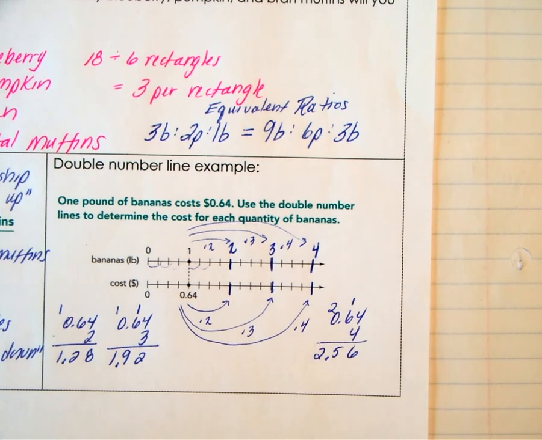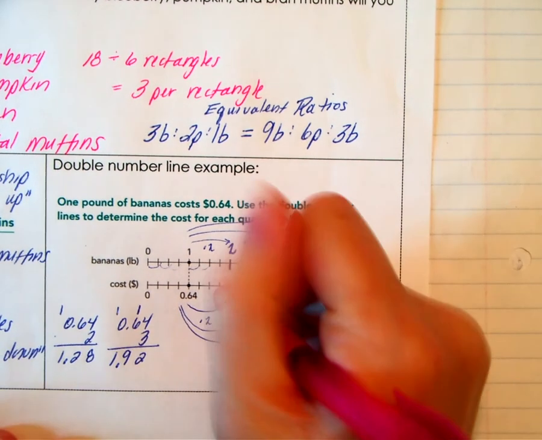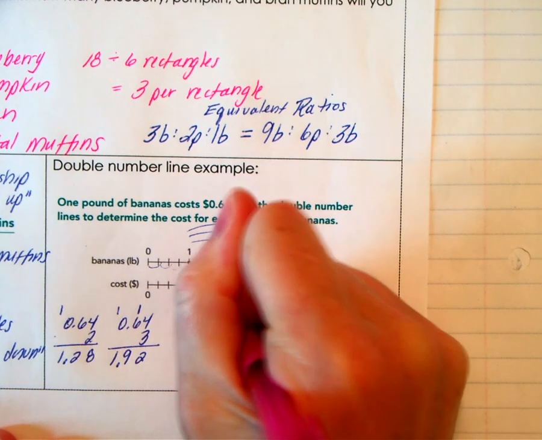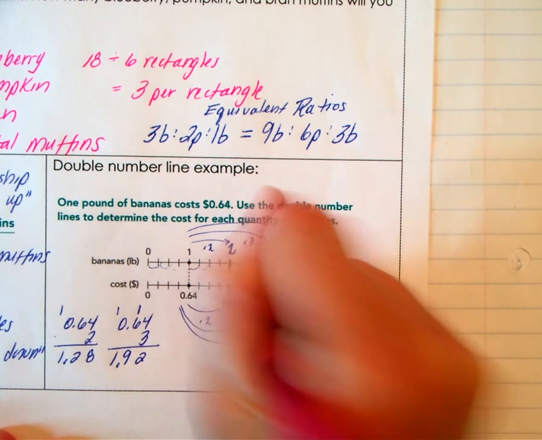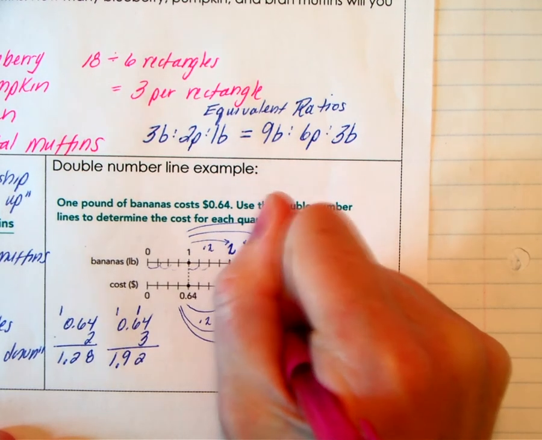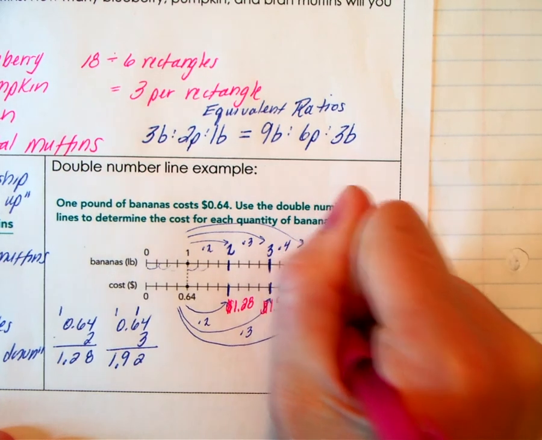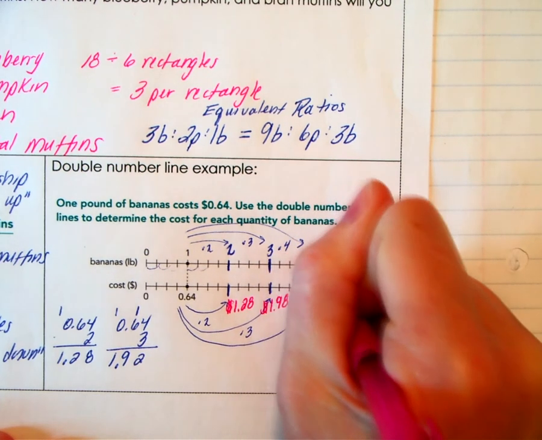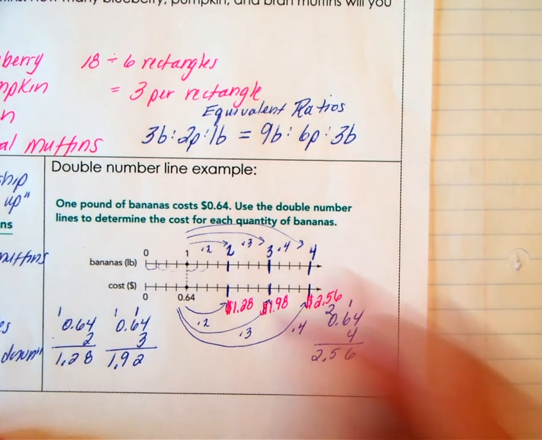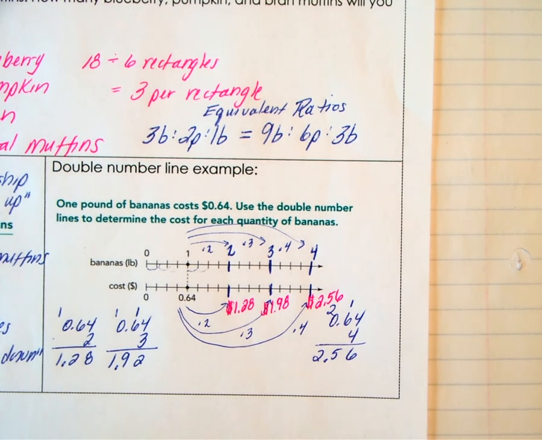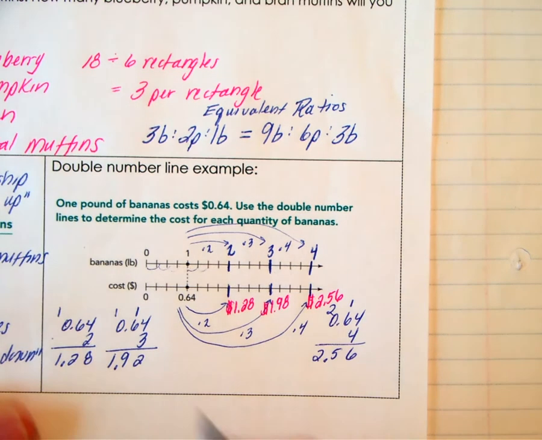So if 1 pound of bananas costs 64 cents, then 2 pounds of bananas cost $1.28. 3 pounds cost $1.92. And 4 pounds cost $2.56. What does that mean in equivalent ratio world?